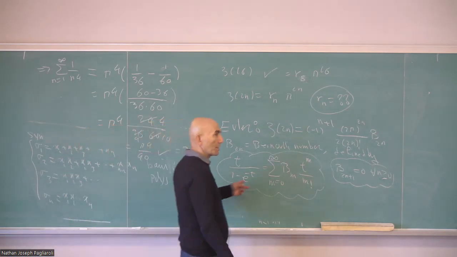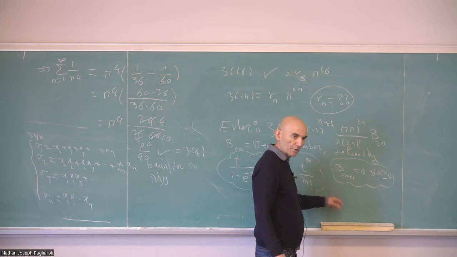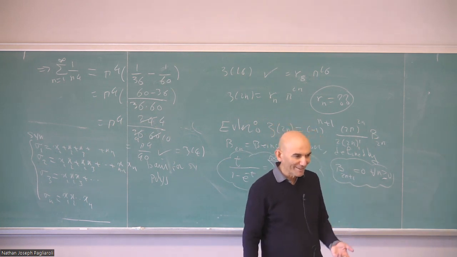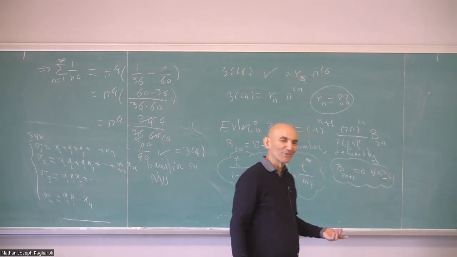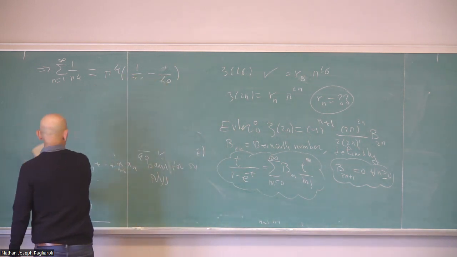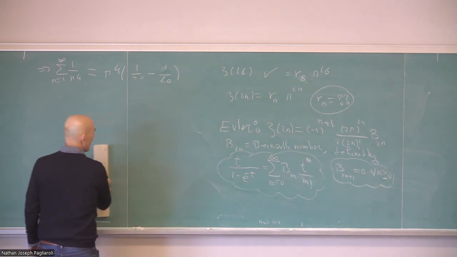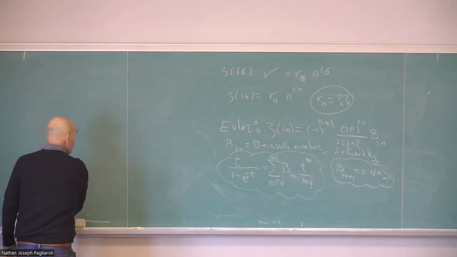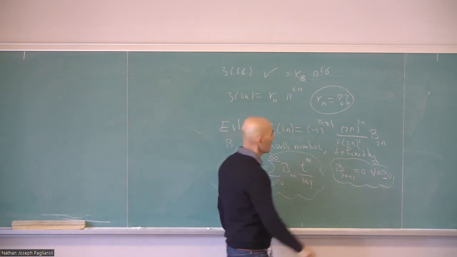One of the results you can conclude from this is the values of the zeta function at negative odd integers. You can compute those. So let me write it down, because this is a nice formula. So this is star.